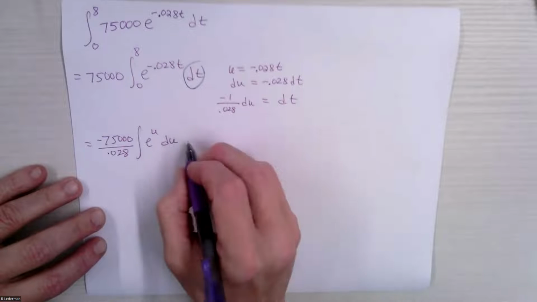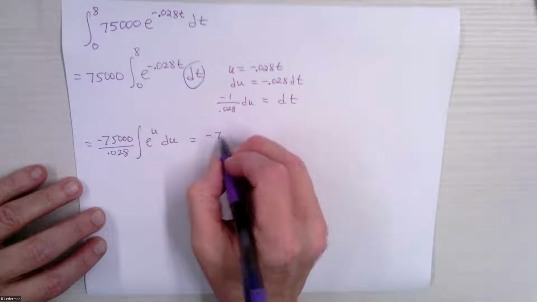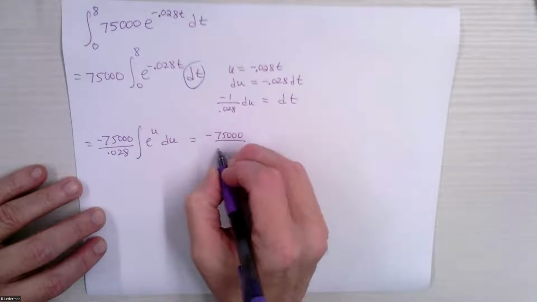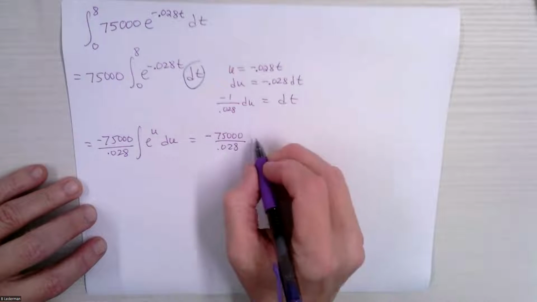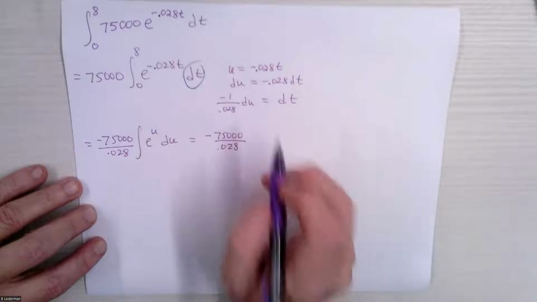And this is just equal to negative 75,000 over 0.028 times e to the u, but I'm going to put the t back.